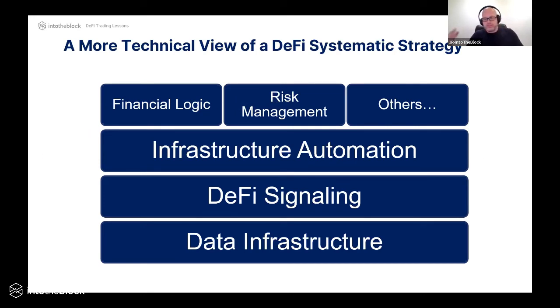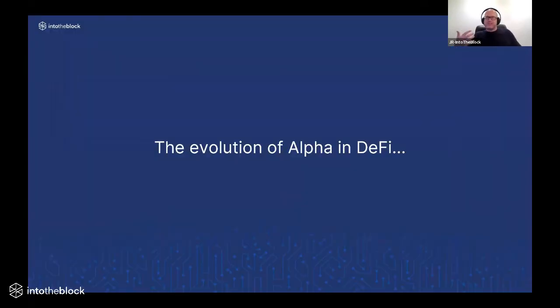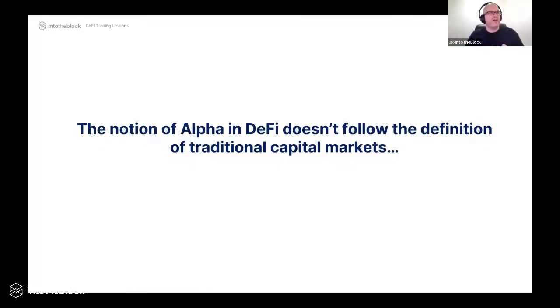Now, obviously, we build strategies to capture alpha in DeFi, but alpha in DeFi is very different from what we consider alpha in traditional capital markets. This is another paper that I published a few weeks ago. When we think about alpha in DeFi, it's not even trivial to define it.